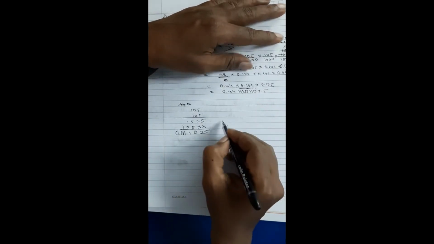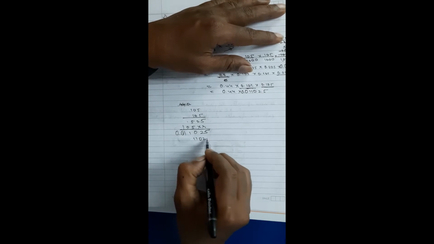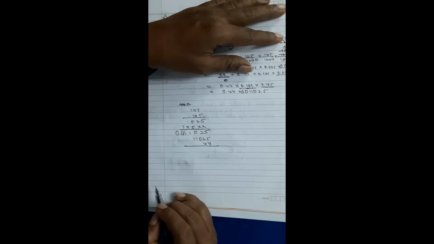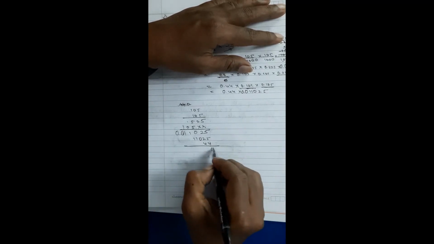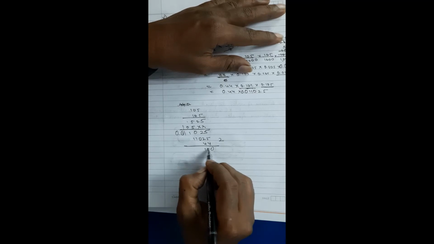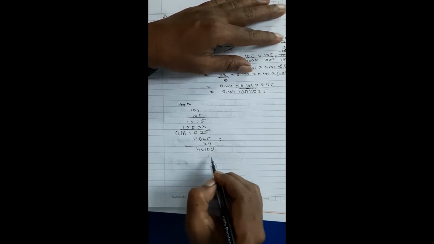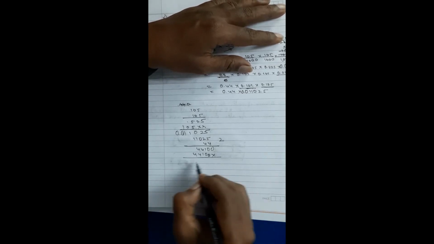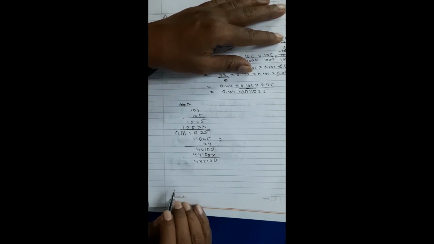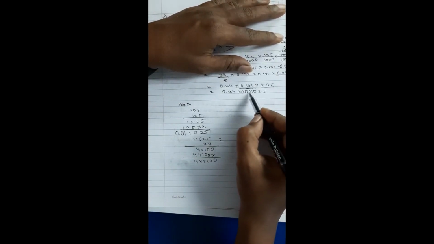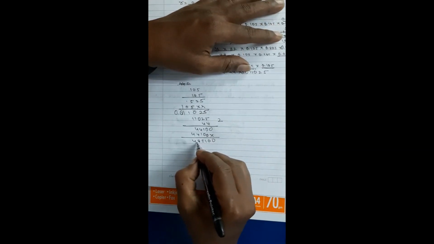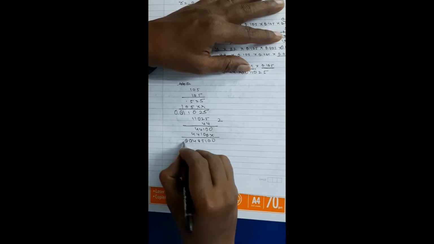Now I'll do one thing: 11025 I'll multiply with 44, not bothered about anything else. 4 5s are 20, 4 2s are 8, 4 1s are 4, and so on. This will give me 485100. Now how many decimal places are there? 1 2 3 4 5 6 7 8 decimal places.